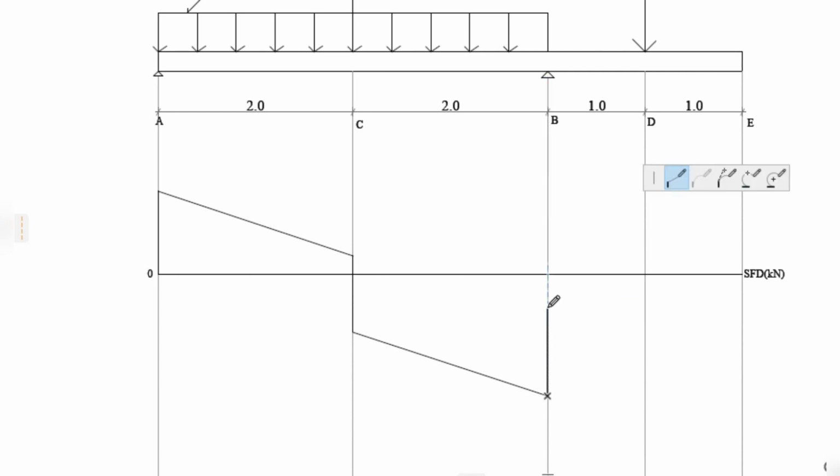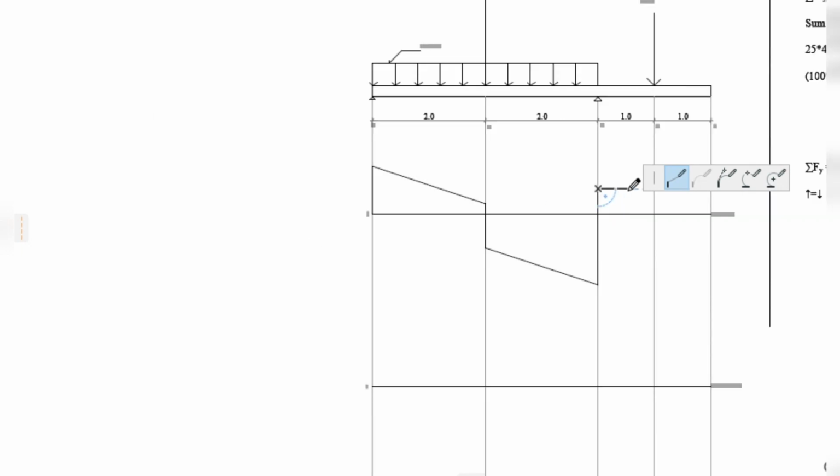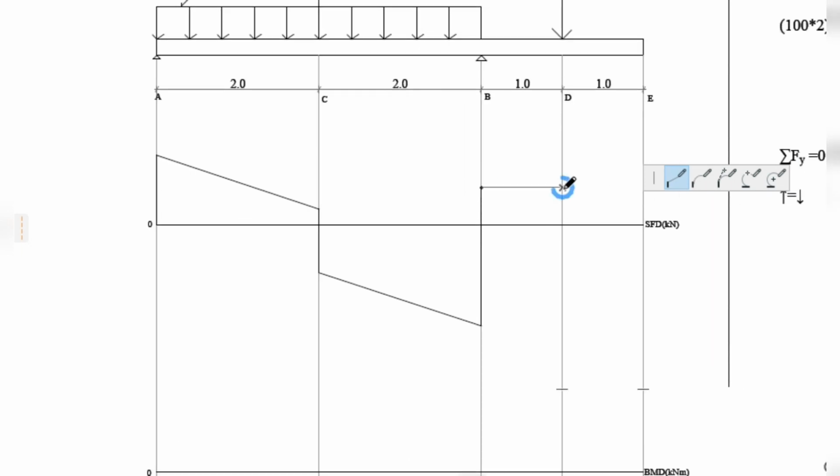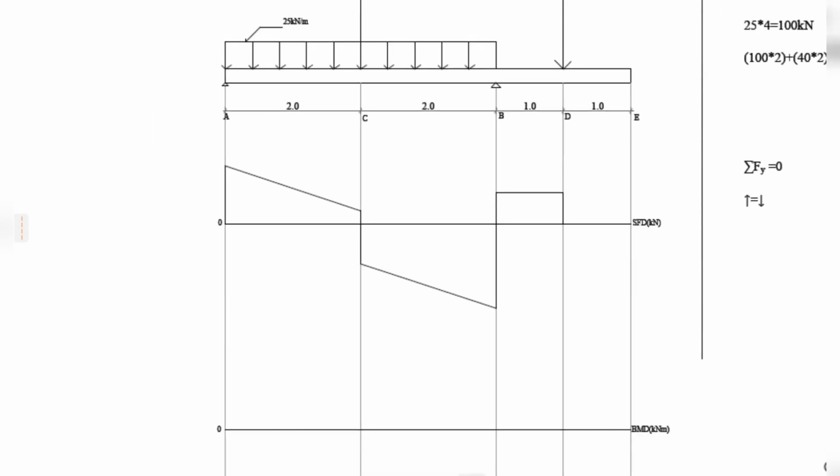The SFD then travels in a straight horizontal line until it encounters a point load of 25 kilonewtons, which takes it back to the 0 mark. We now proceed to draw the bending moment diagram by finding the areas of the shear force diagram.